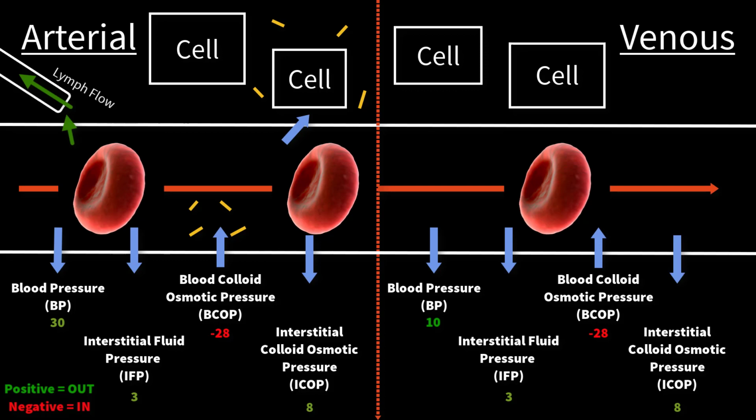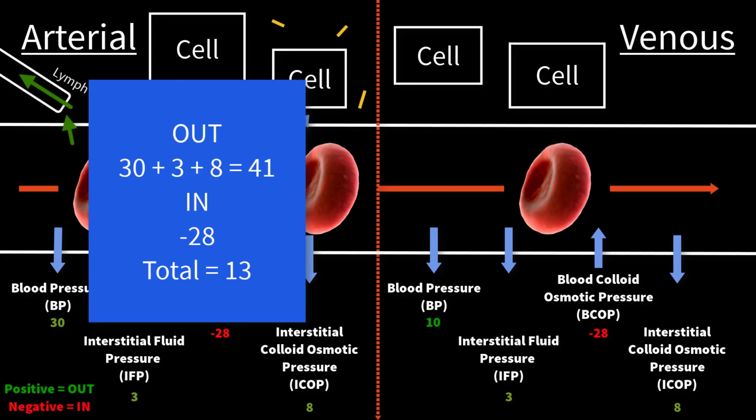Let's do some quick math and see whether the in forces or the out forces are winning on each side. Adding together the positive numbers, representing out forces, we get a total of 41. When we compare that with the negative 28, or the in forces, we see there's a difference of positive 13. In other words, the net force moving out of the vessel is stronger.